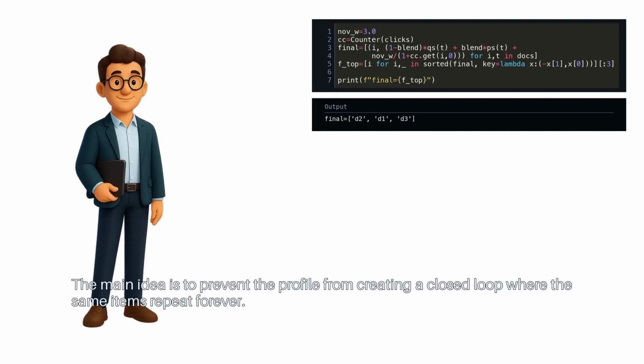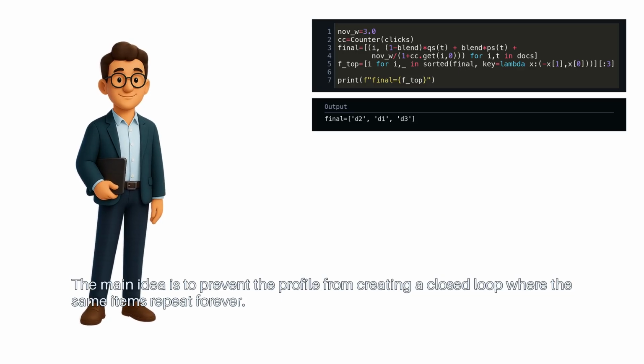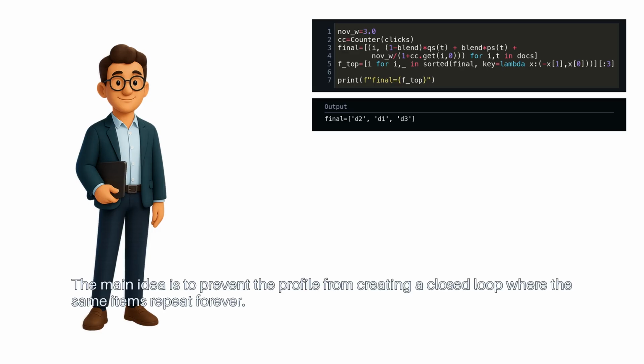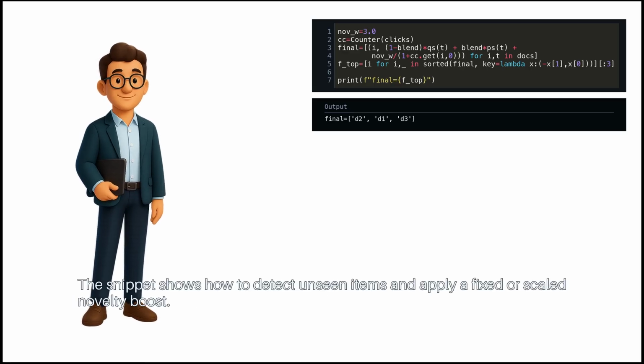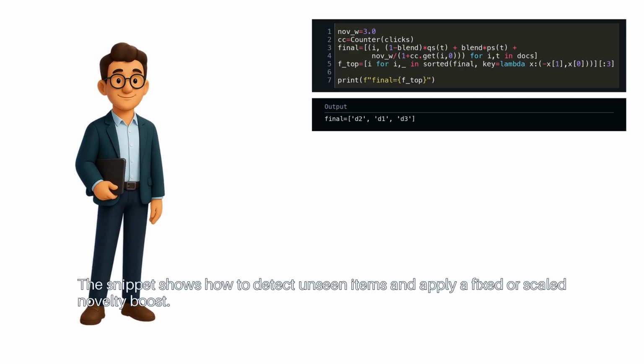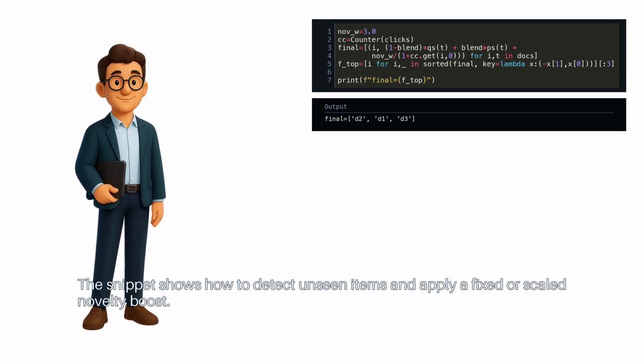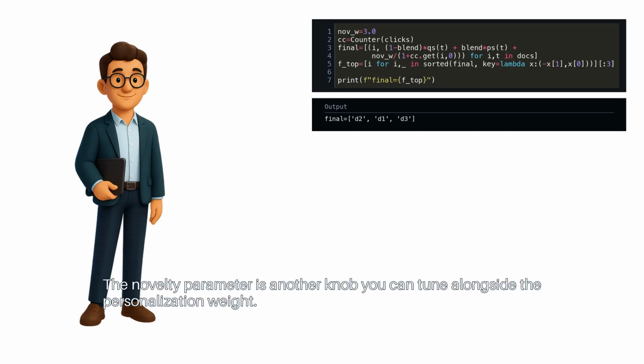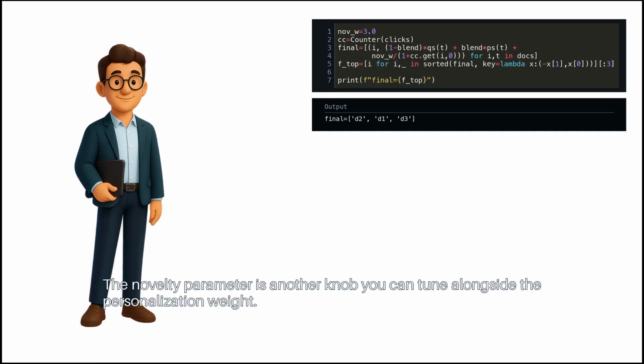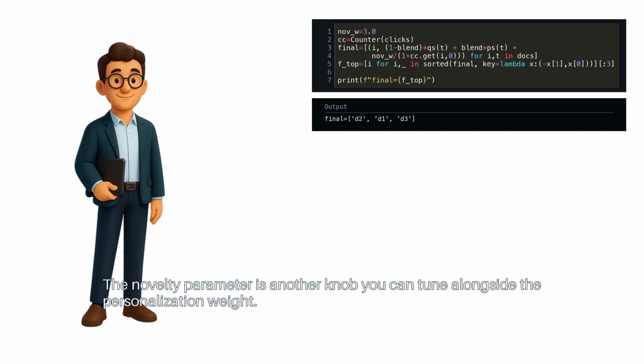The main idea is to prevent the profile from creating a closed loop where the same items repeat forever. The snippet shows how to detect unseen items and apply a fixed or scaled novelty boost. The novelty parameter is another knob you can tune alongside the personalization weight. Together, they let you balance relevance and exploration.